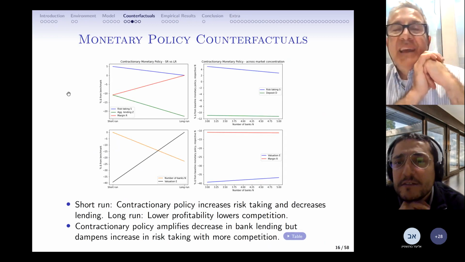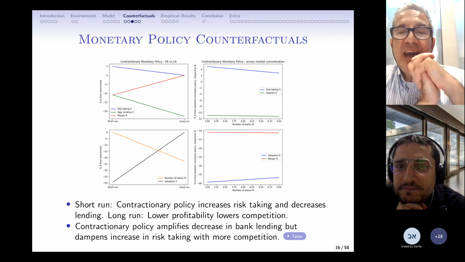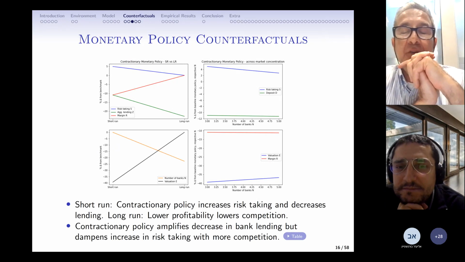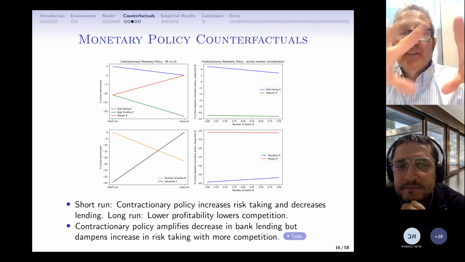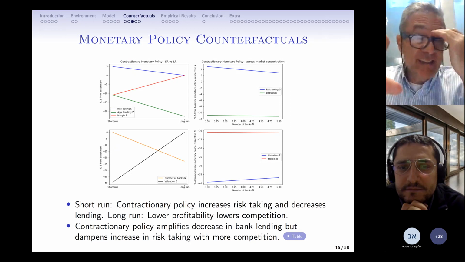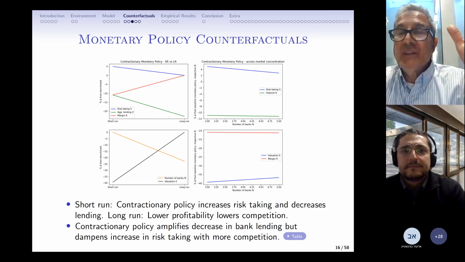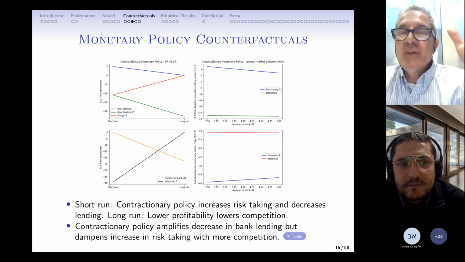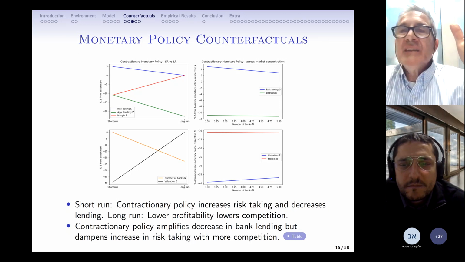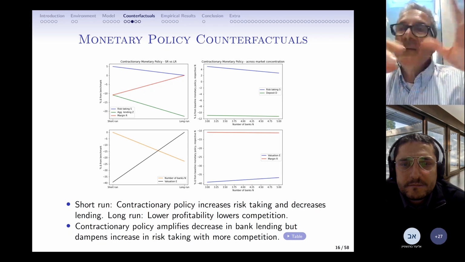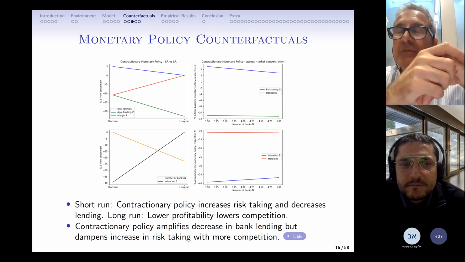Okay, so let's go back to this monetary policy thing. How to use the model for monetary policy. Remember that at least in the data, and I want to remind you of the way he constructed this data, it was pre-Riegle-Neal, which changed a lot of the regulatory environment, the ability to branch and all that kind of stuff.